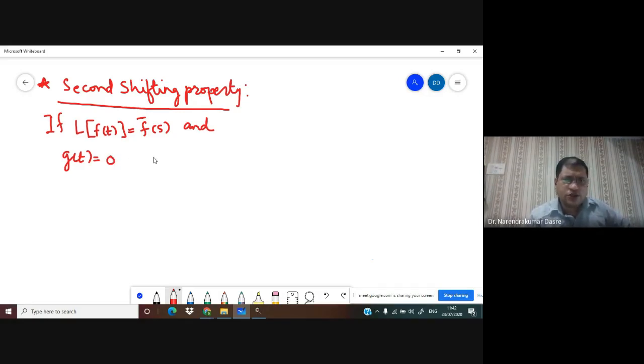It has no response for 0 less than or equal to t less than or equal to a. Up to the time a, this g of t has no response; it is 0, inactive. After time a, it becomes active, but it will be delayed: it will be f of t minus a when t is greater than a. Now we have to see where we get this time response.